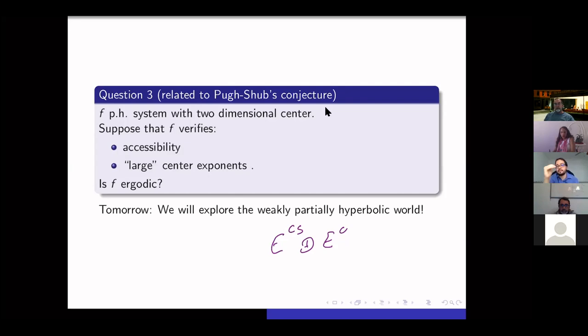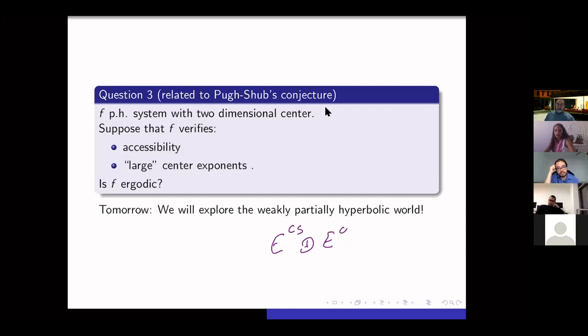Oh, sorry. In the first example, Viana's map, the endomorphism one, there are actually a lot of works based on that type of example, because in that example your center has dimension 1. It's just an interval.